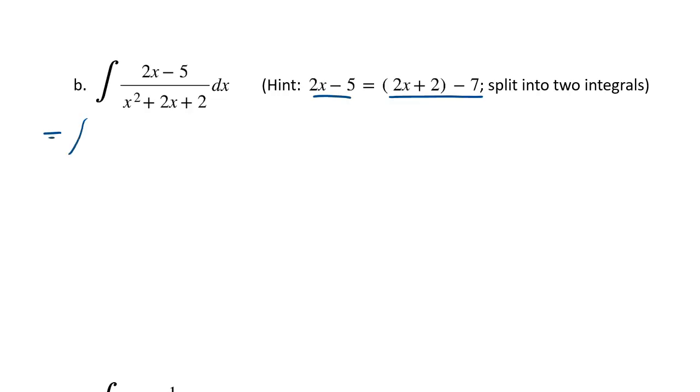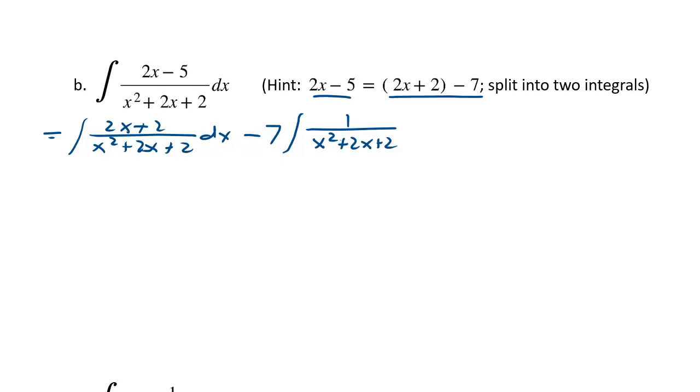So the first integral will be 2x plus 2 over x squared plus 2x plus 2. There's a reason why we're doing that. You'll see here in a minute. And then we have minus 7, and I'm going to bring that 7 out to the front, and then I've got 1 over x squared plus 2x plus 2 dx.